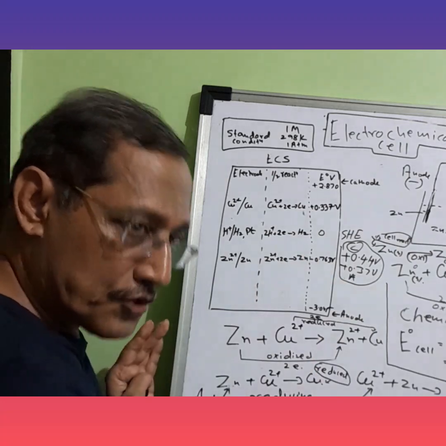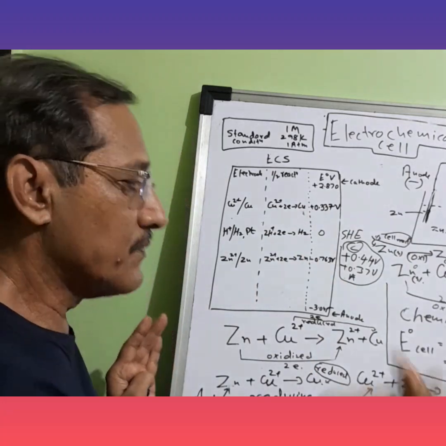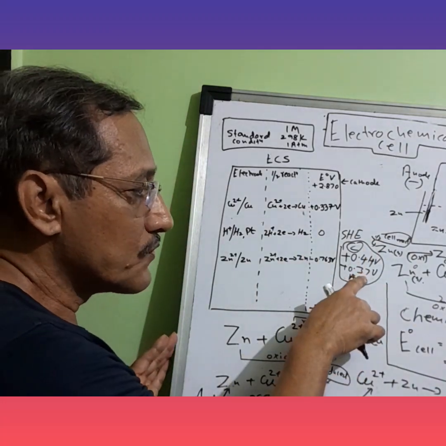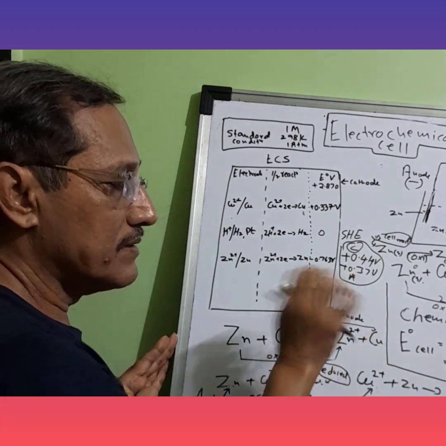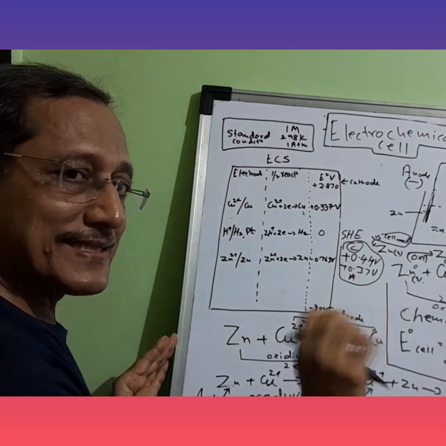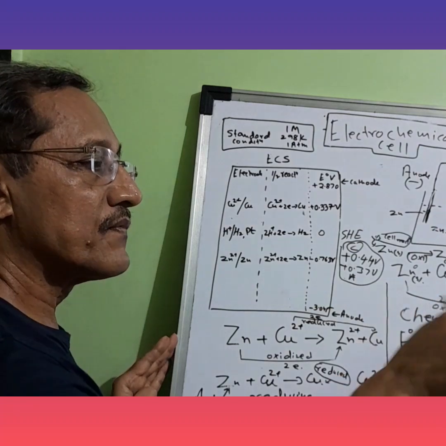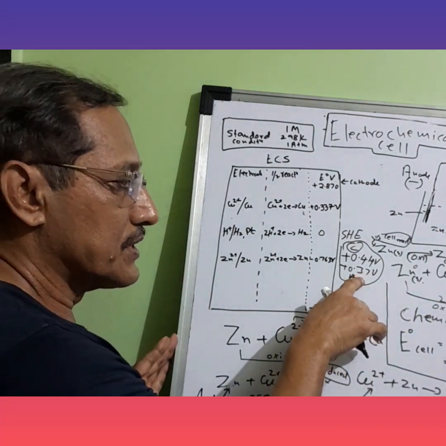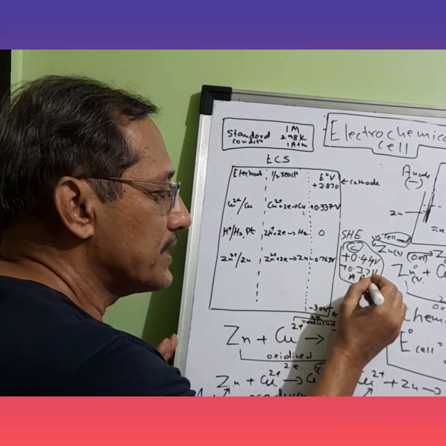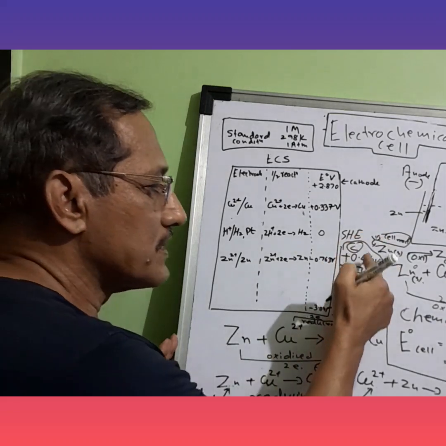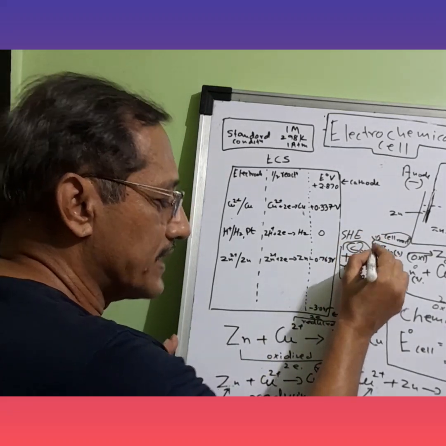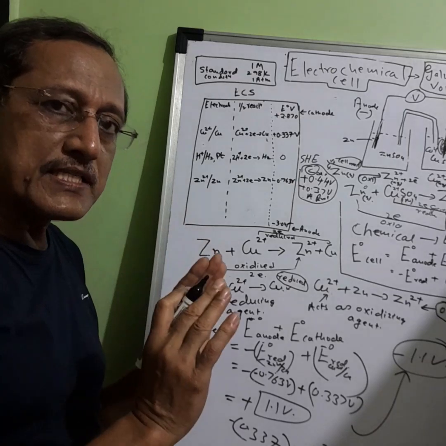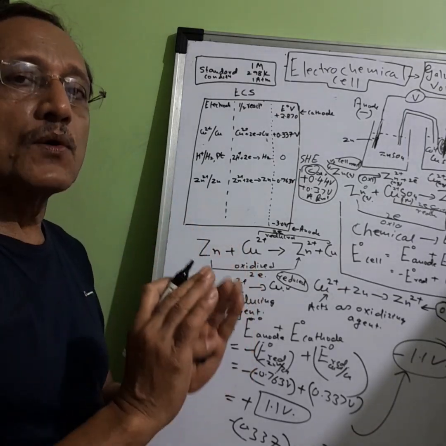So if the question is better reducing agent, then obviously this would be the answer. Anodes. Alright. Anodes supplies electron and reduces the counterpart. So this is better reducing agent, whereas this is better oxidizing agent. I hope the concept oxidizing and reducing agent is very clear.